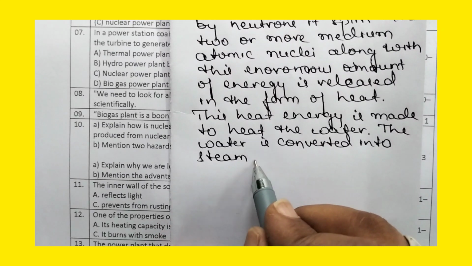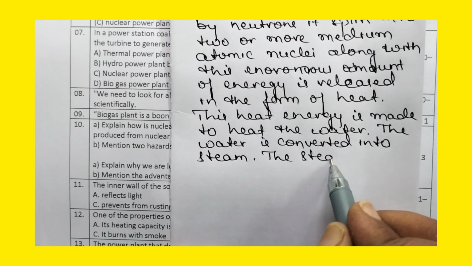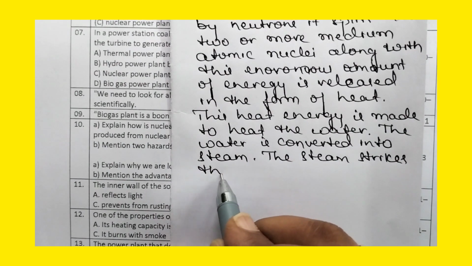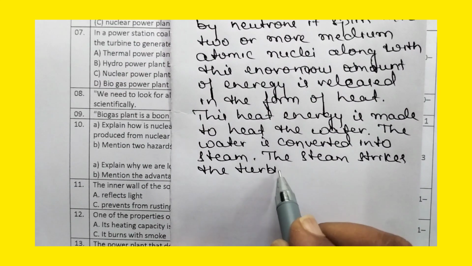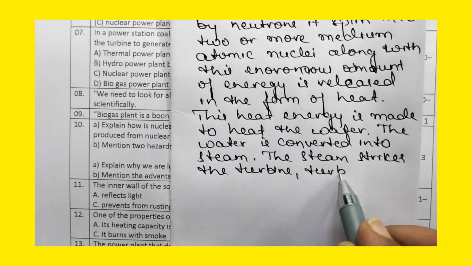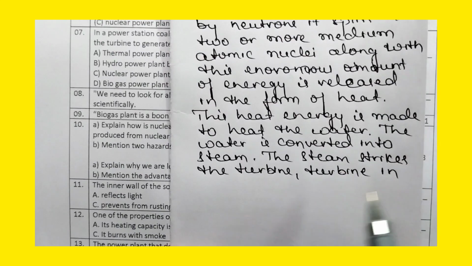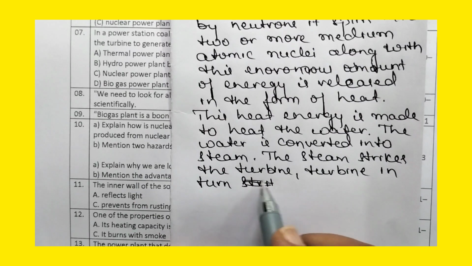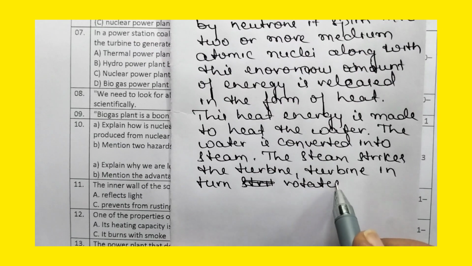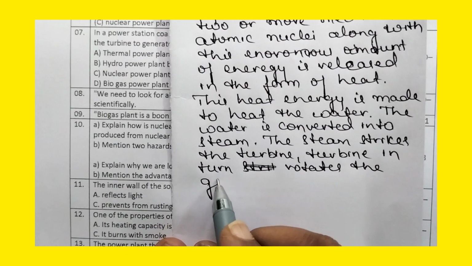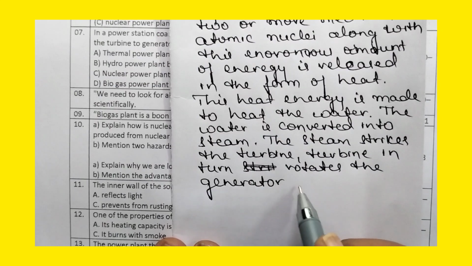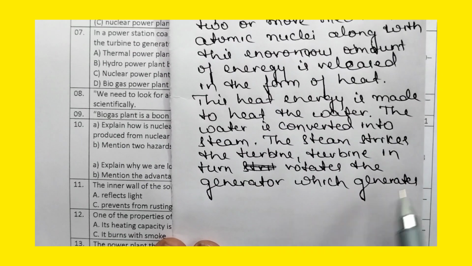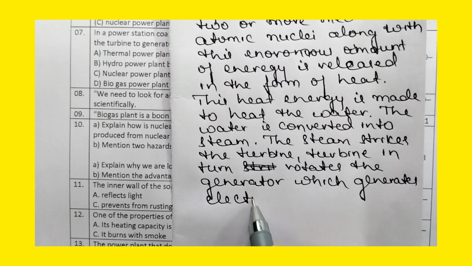The steam strikes the turbine, and the turbine in turn rotates the generator, which generates electricity.